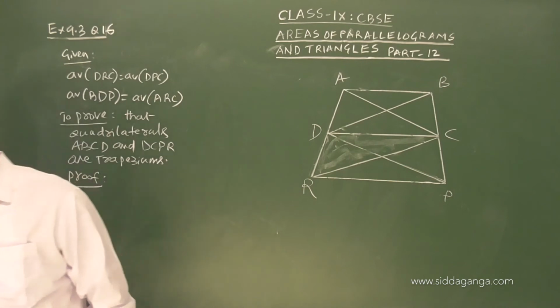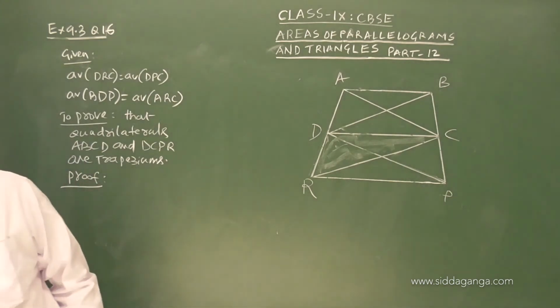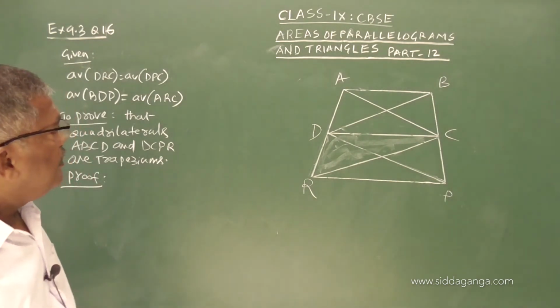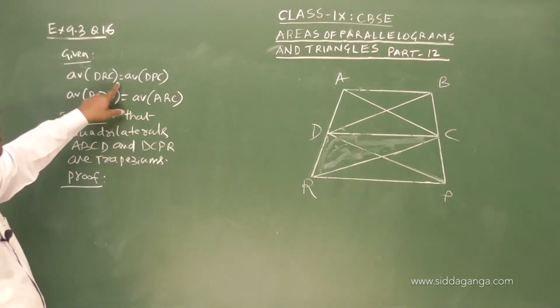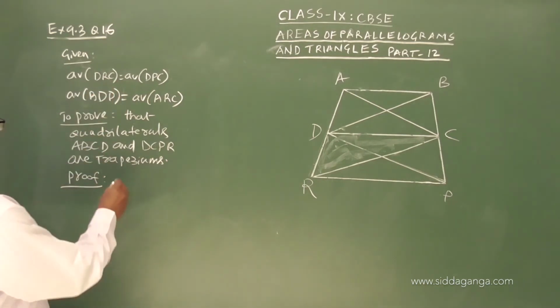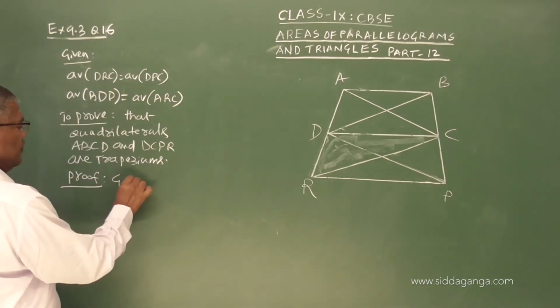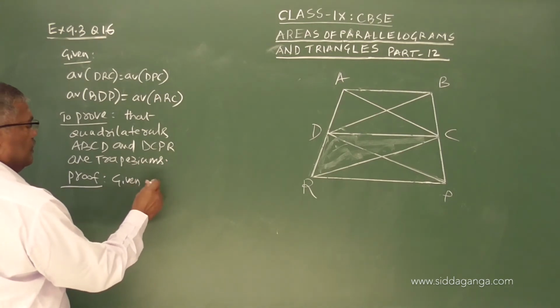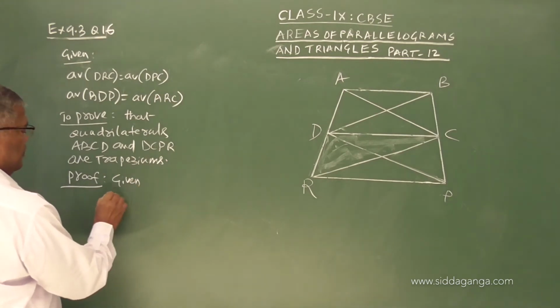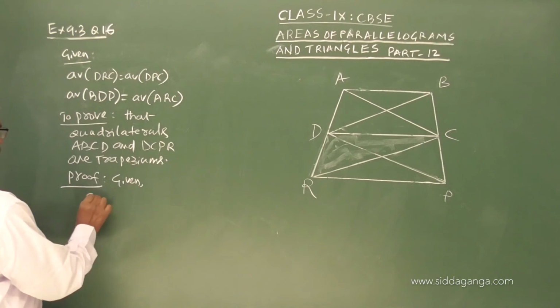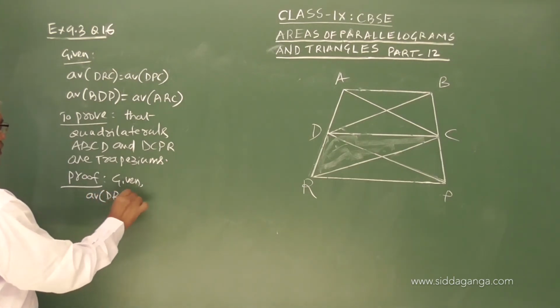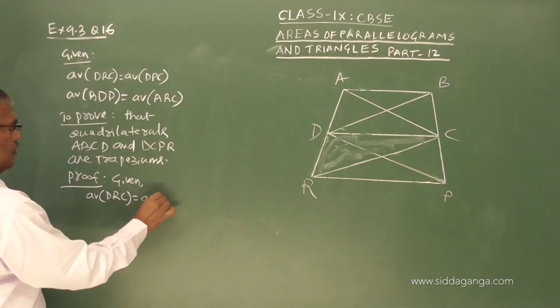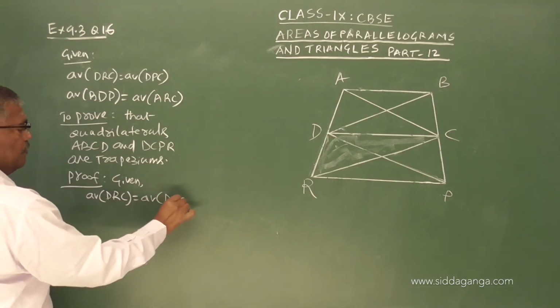So observe carefully. Now let us take up this first one. It is given area of DRC equals area of DPC.